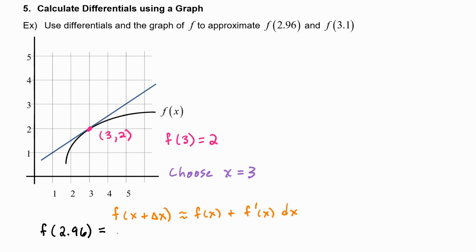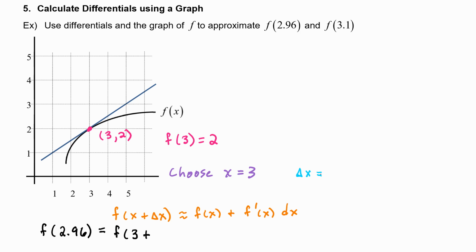So that means we're going to go f of 3 plus, now we need to figure out delta x. And remember, delta x is always f of x plus delta x minus f of x.